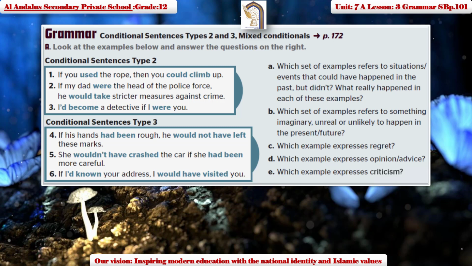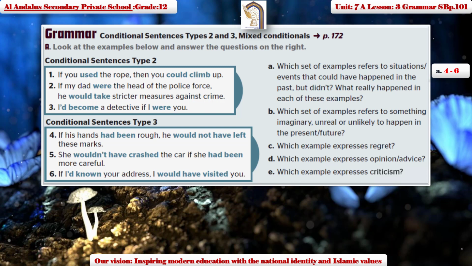Now, gentlemen, let's answer these questions. Question A. Which set of examples refers to situations or events that could have happened in the past but didn't? What really happened in each of these examples? The examples are 4, 5, and 6.